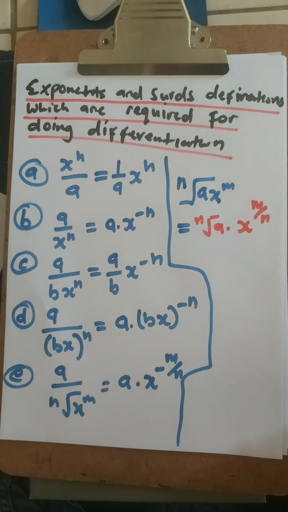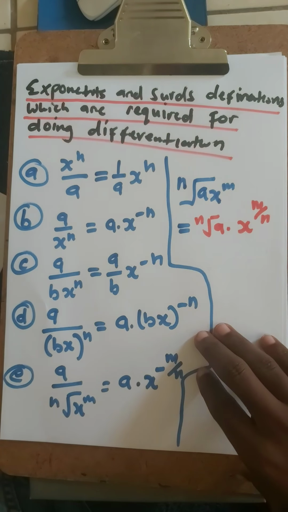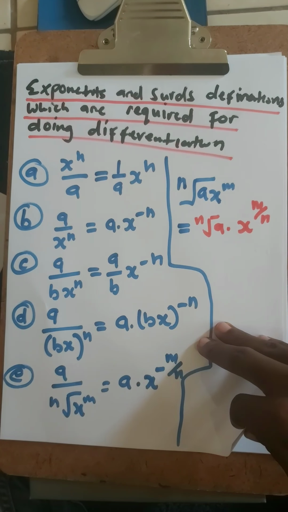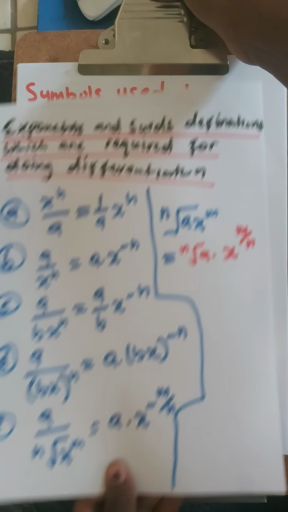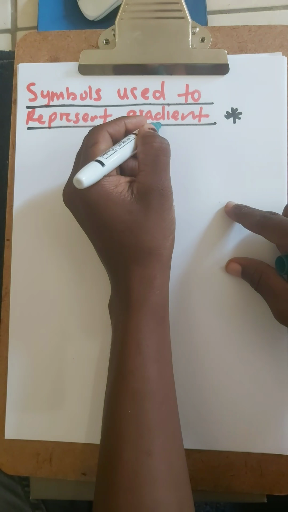Okay, that's good. Now we're going to the other thing that is very important, the symbols used. We use different symbols to find the gradient. These symbols represent the gradient.